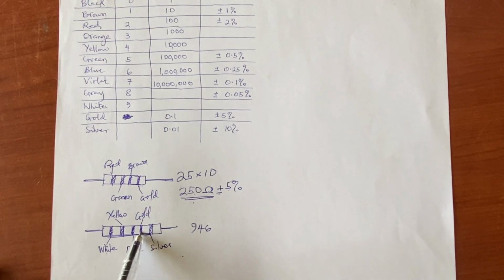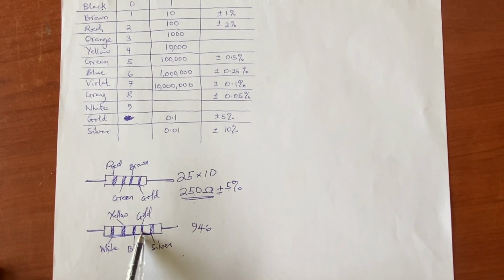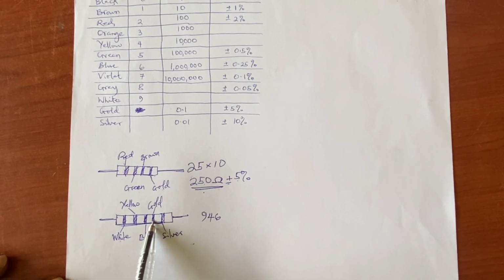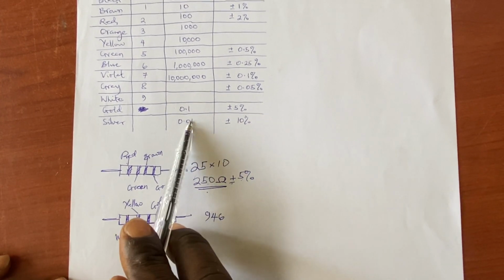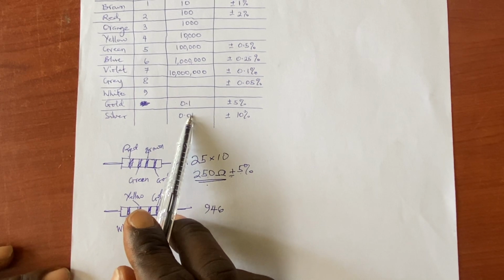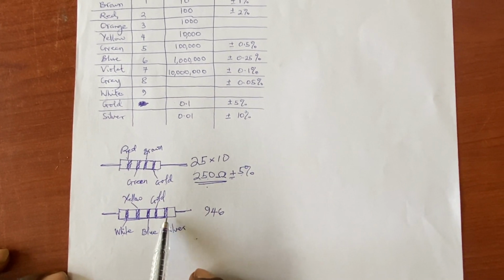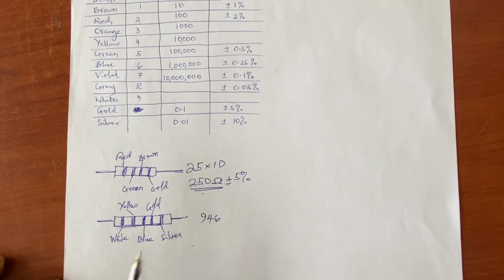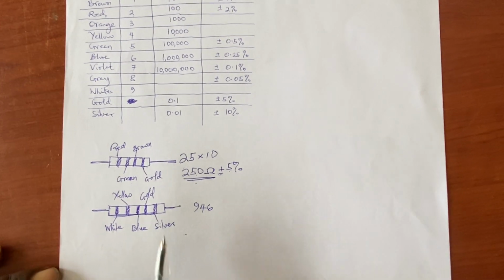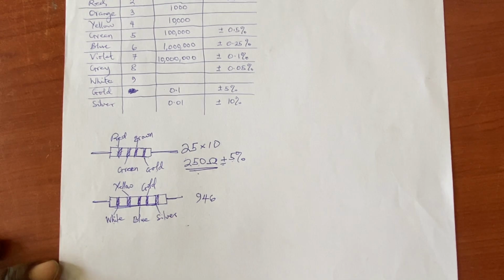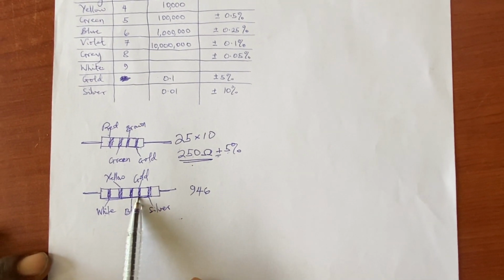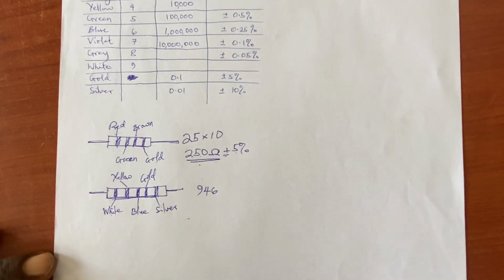And this gold, which is a secondary color, is now our multiplier. It is the last color before the last secondary color. So definitely the last one is always the tolerance. The last color on the band is always the tolerance, while the second to the last is always the multiplier.